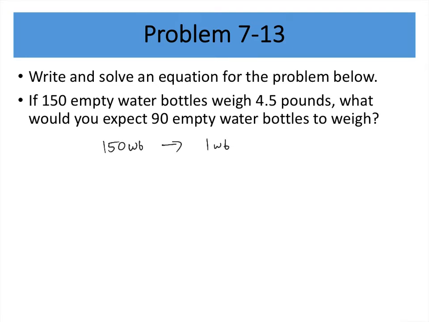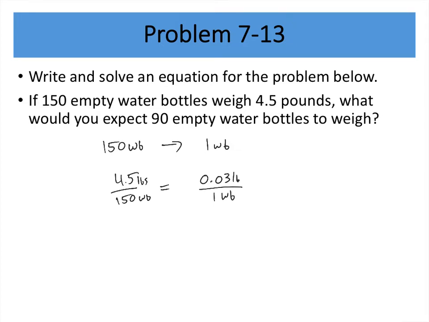We could do it as a proportional relationship, or we could say, okay, 4.5 pounds for 150 water bottles, pounds from water bottles, is equivalent, well, I can put that in the calculator. 4.5 divided by 150 is 0.03 pounds per 1 water bottle.